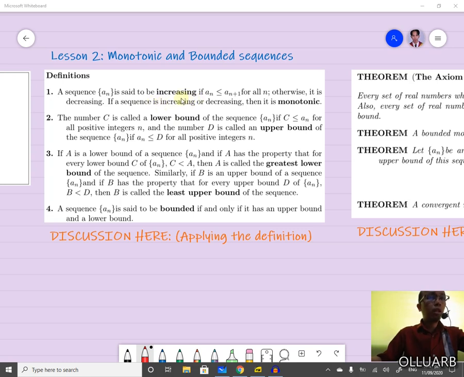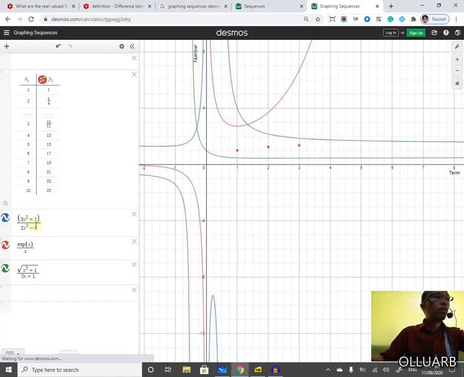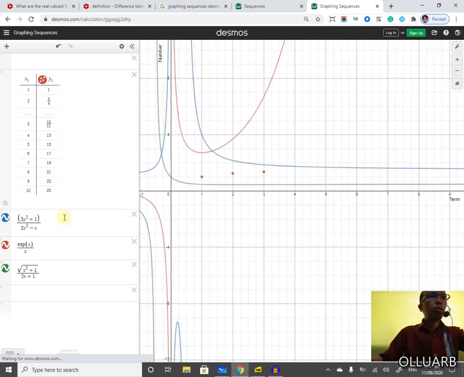If you graph the function in the graphing calculator or in Desmos, as you can see, this blue one, as n approaches positive infinity, 1, 2, 3, 4, clearly the graph is decreasing. So this function is decreasing: 3n squared plus 1 over 2x squared minus x.